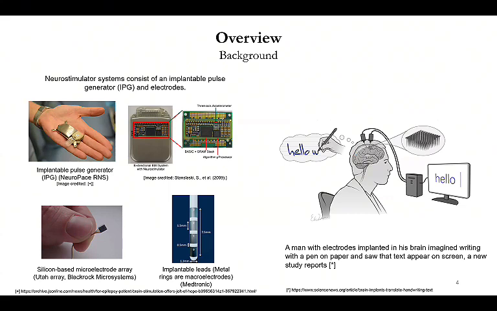One commonly used is called a Utah array. It is a microelectrode array with multiple shanks. The other one is called leads, implantable leads. It has ring-shaped metal electrodes. It is also commonly used for deep brain stimulation. The Utah array is called a microelectrode array, and the leads are called macro electrodes.